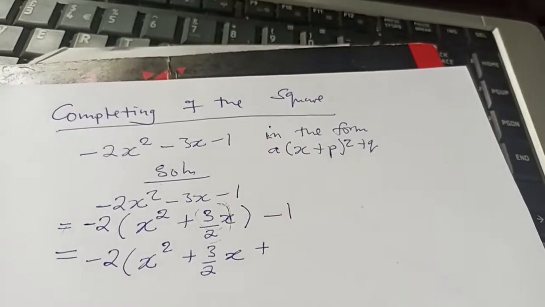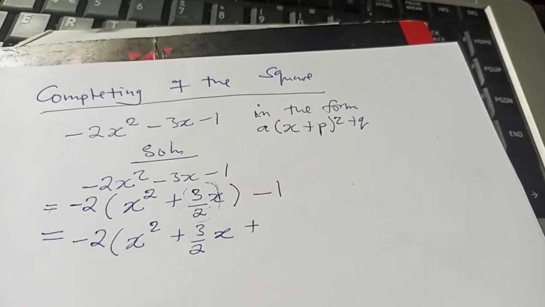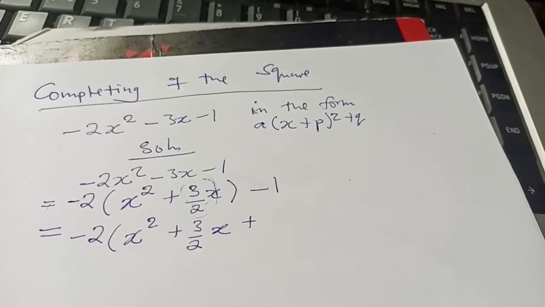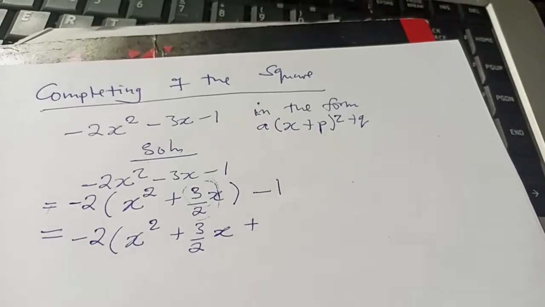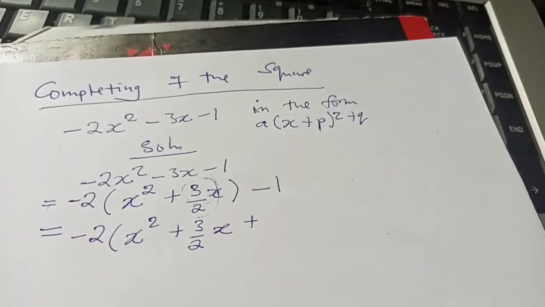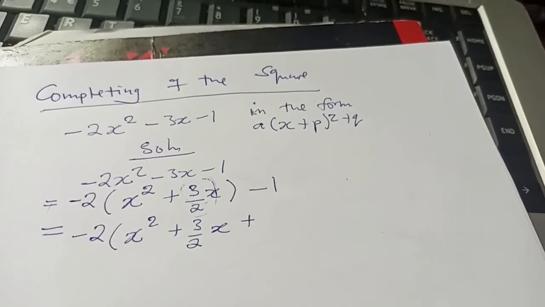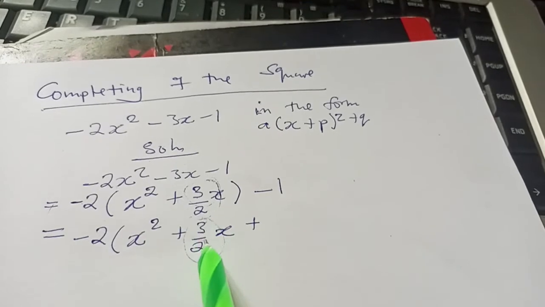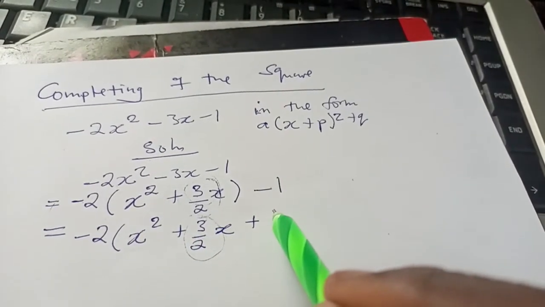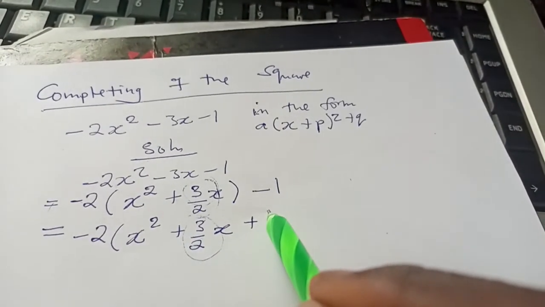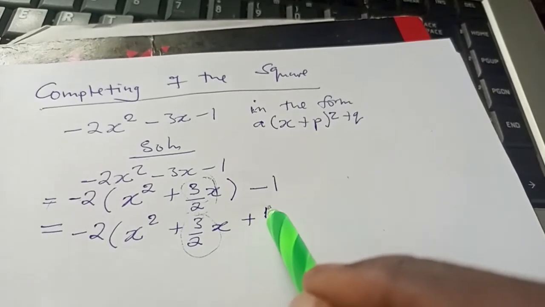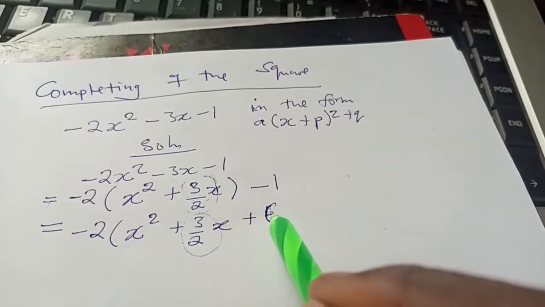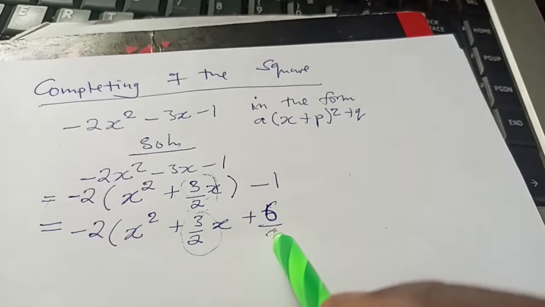What is the half of 3 over 2? The half of 3 over 2 is 6 over 2.